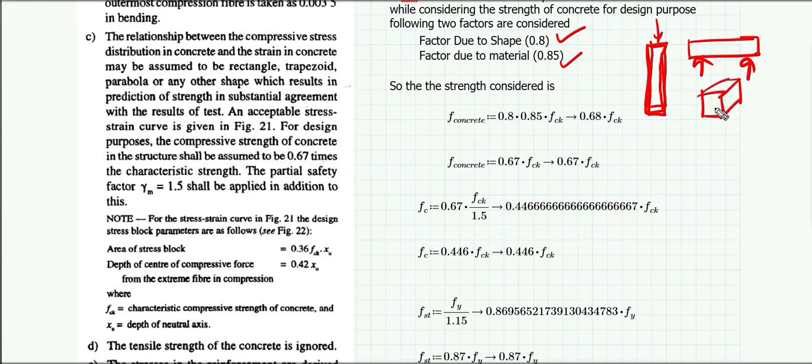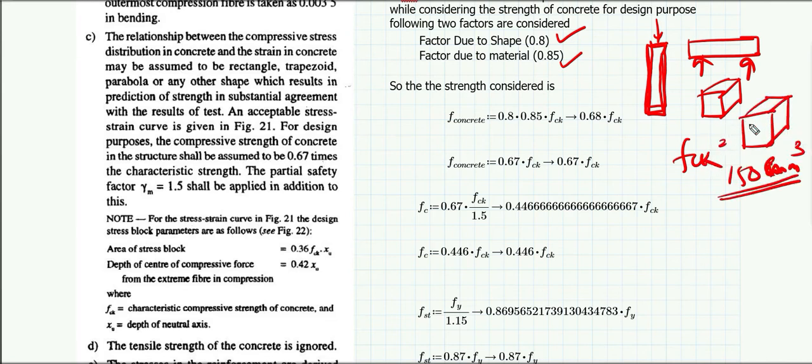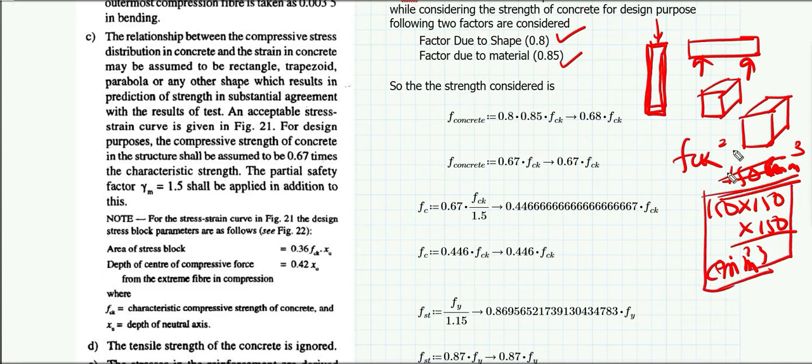But you know that the FCK value that we calculate is for a cube which has a specific dimension of 150 into 150 into 150, right? This is a cube, but it doesn't resemble the shape of the actual member.